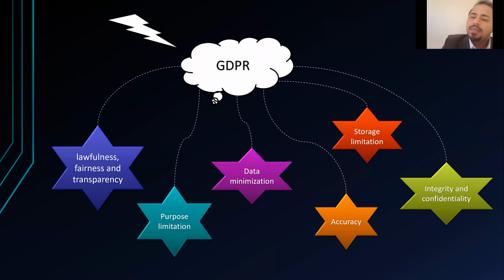This slide outlines the GDPR principles that software developers have to take into account. These principles are lawfulness, fairness, and transparency, purpose limitation, data minimization, accuracy, storage limitation, and integrity and confidentiality.